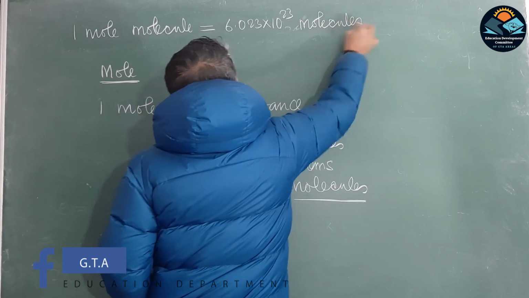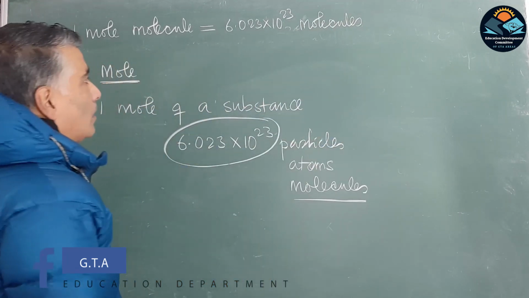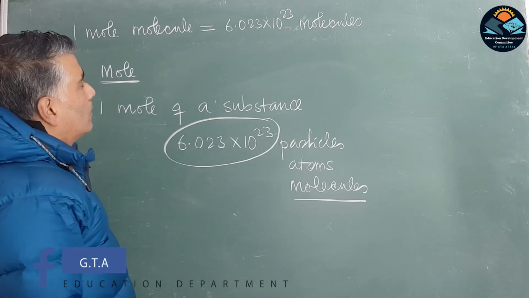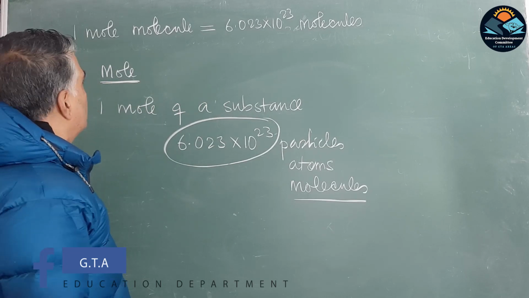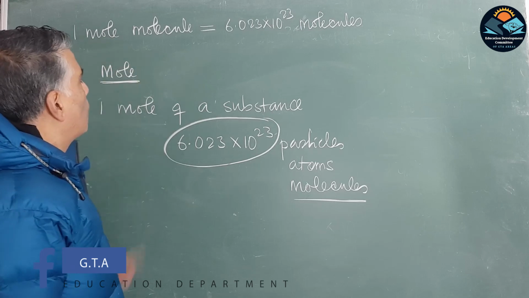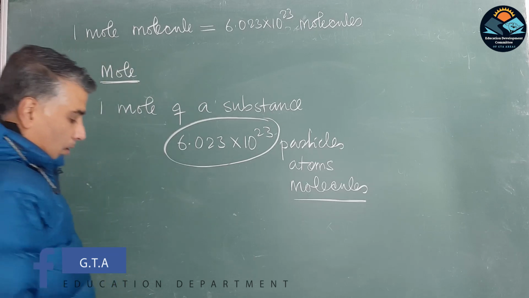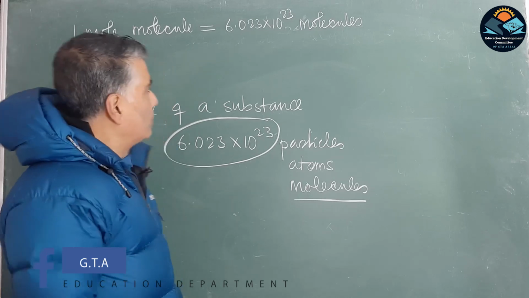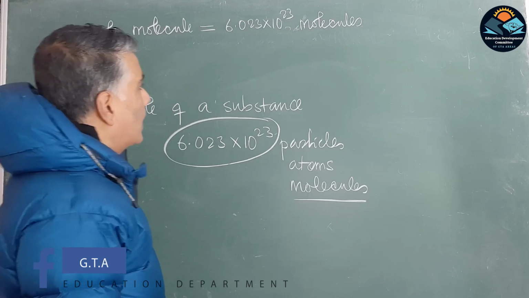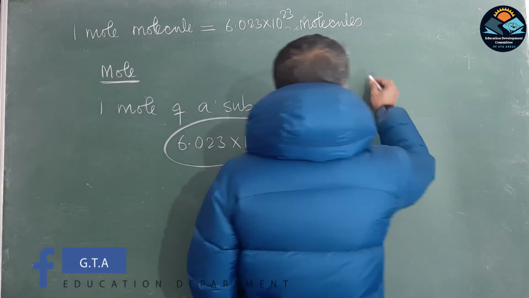So if you have these many molecules, which is a big number, if you have all these molecules together, then the total amount is called 1 mole molecule. But there's another thing that we learned in class 11, and that is called gram molecular mass.